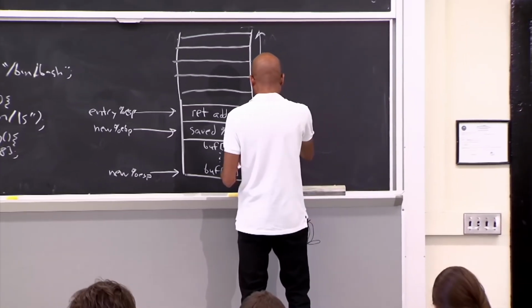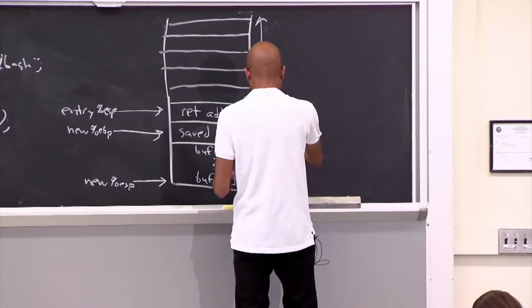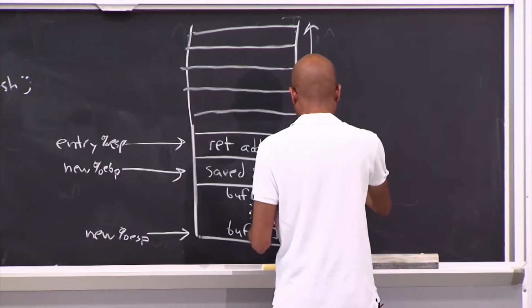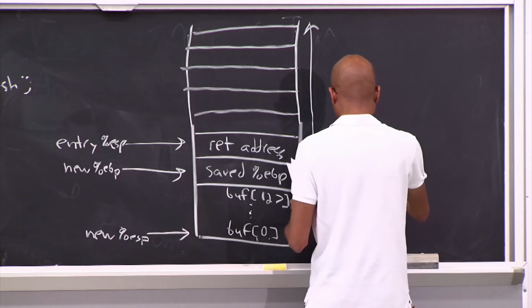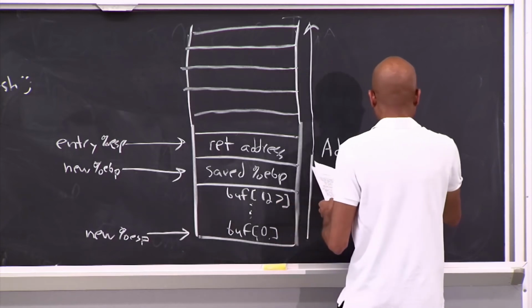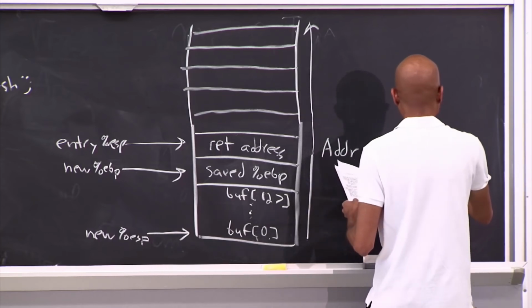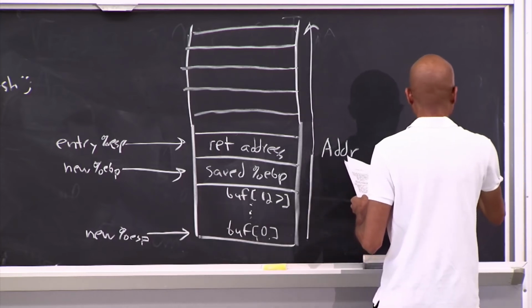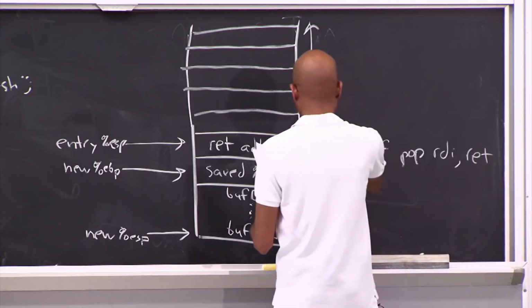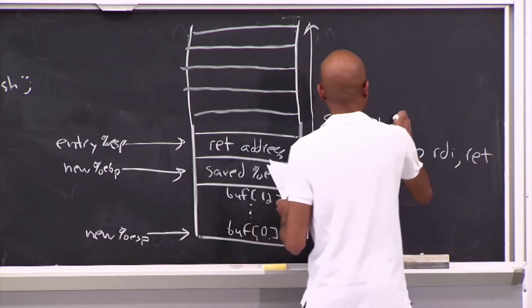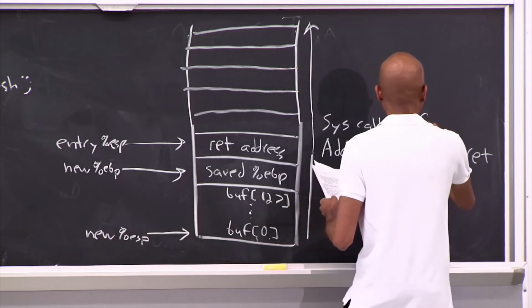So here for the return address, we'll put the following. Let's say we have one gadget that pops the RDI register, then does a ret. And then up here, we'll put the syscall number for pause.